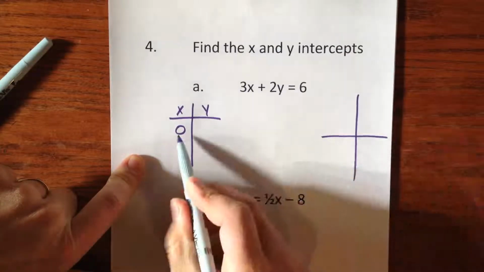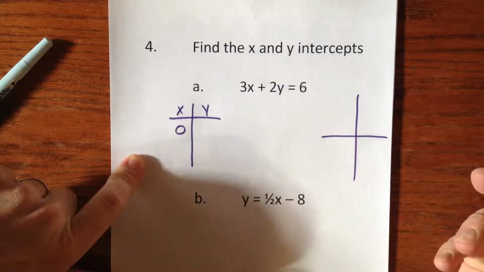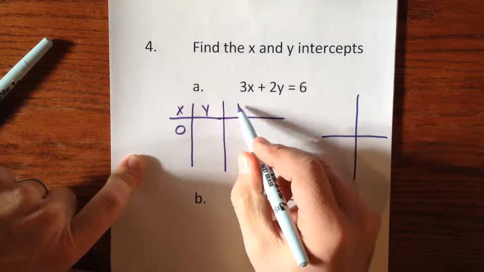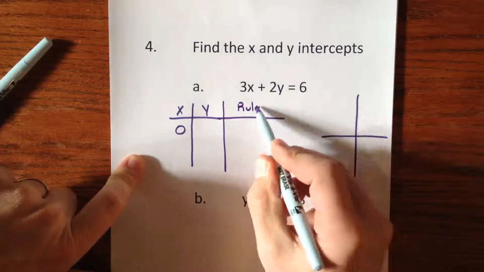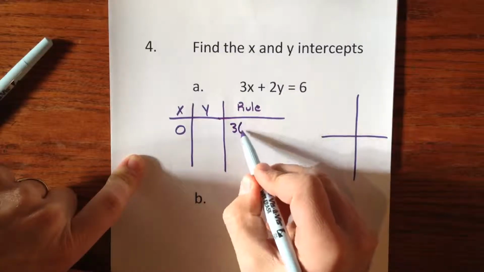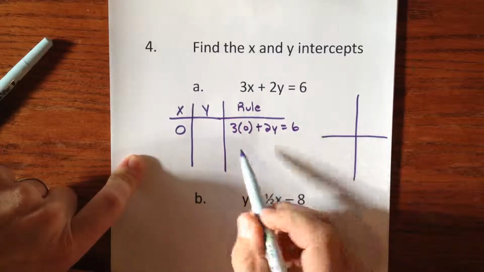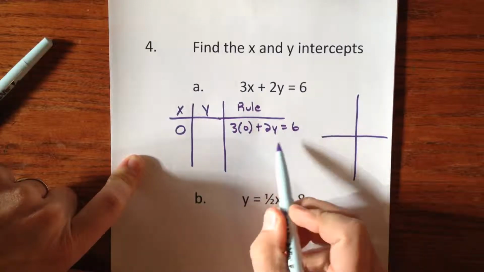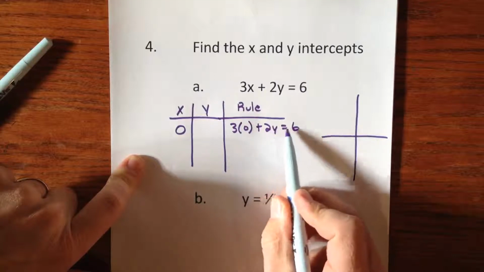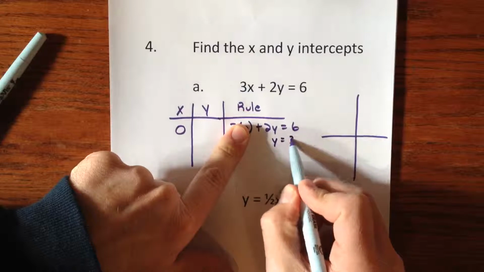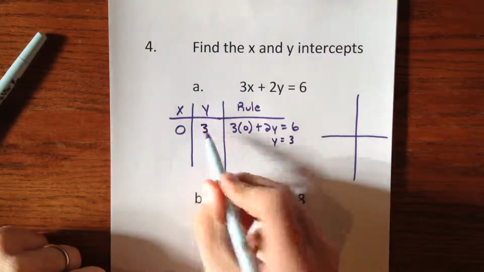So when I plug in 0 for x, I'm finding the y-intercept. So we did this right here. We showed our work here. We did 3 times 0 plus 2y equals 6. Well, guess what? 0 plus 2y is just 2y, and then 2 times 3 makes 6. Or I could think about dividing both sides by 2, so y would have to be 3.